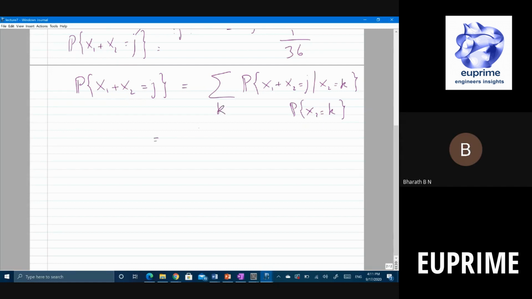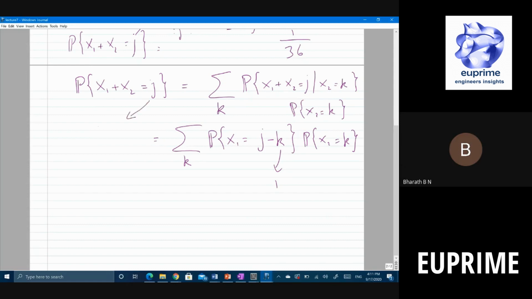This is probability of x1 equal to j minus k, and it's independent of x2, so this will be probability of x2 equal to k, right? Now this k can go from where to where? It can go from 1 to j minus 1, right?